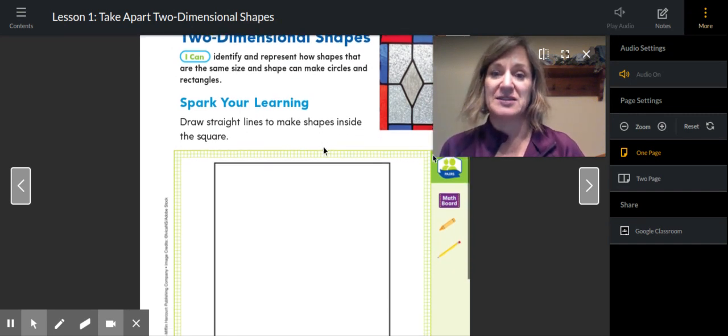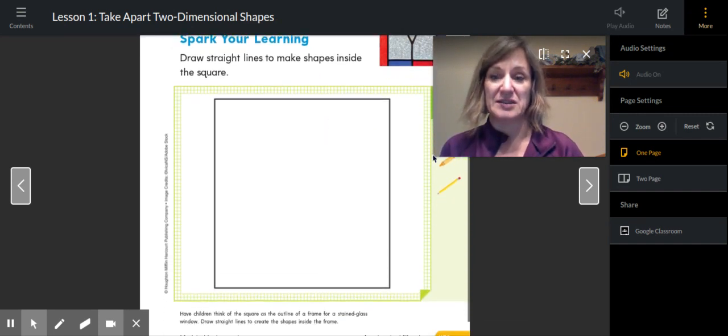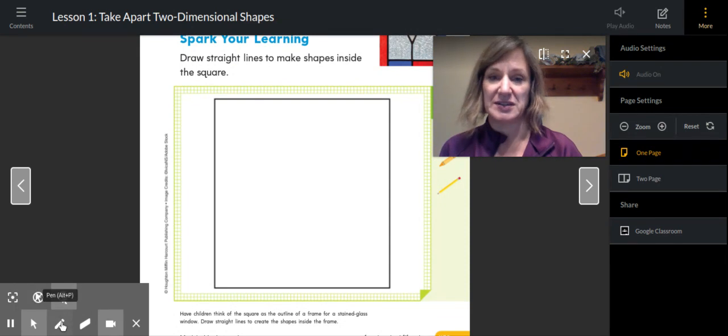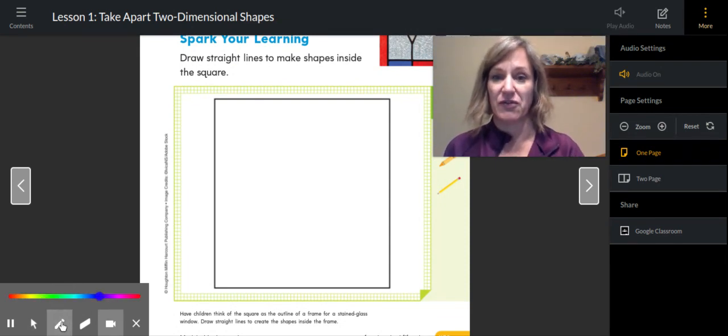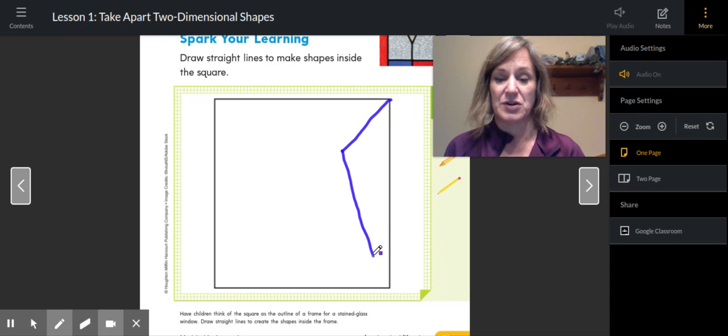Draw straight lines to make shapes inside this square. So what they're wanting you to do, and this is a really cool lesson, kind of a fun one, is to take and draw straight lines. And they don't have to all be the same, but you're going to draw straight lines to create some shapes however you want to.